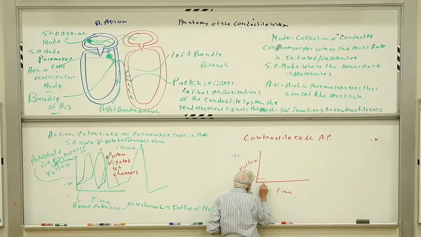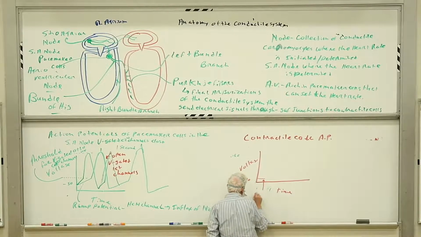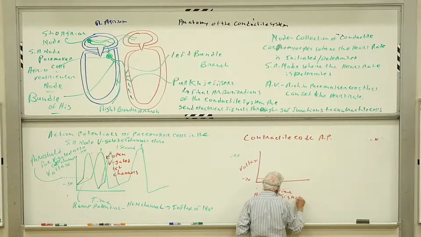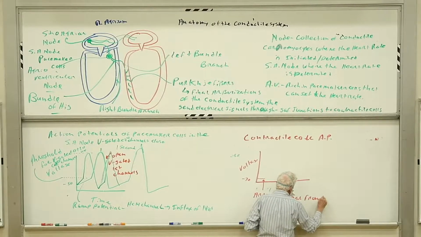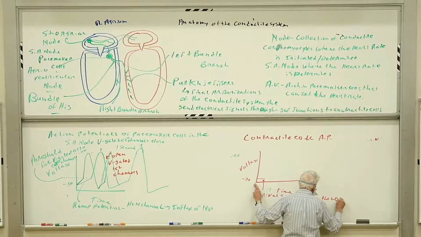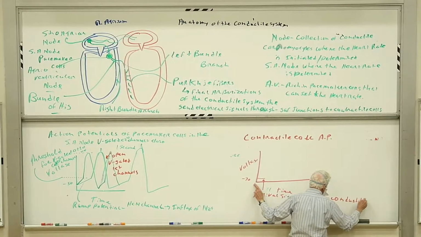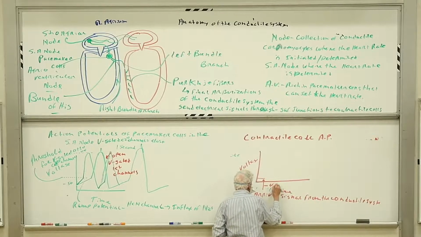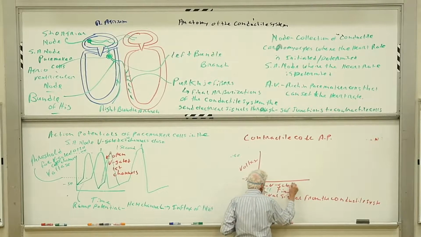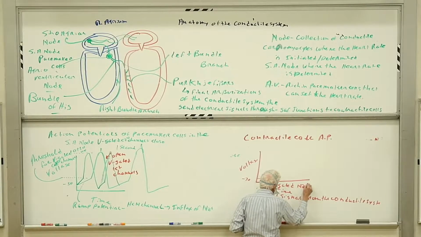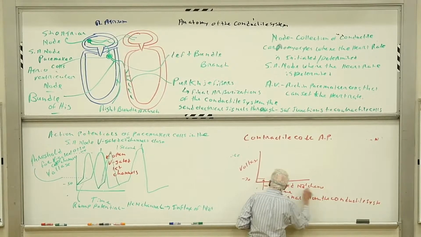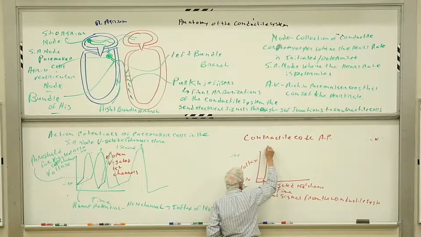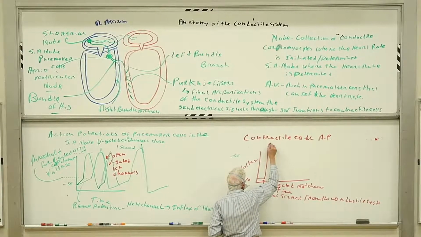And at this point, we have the arrival of signal from the conductile system. This depolarization opens voltage-gated sodium channels. These voltage-gated sodium channels immediately depolarize the cell up to about plus 20 millivolts. Here they inactivate.